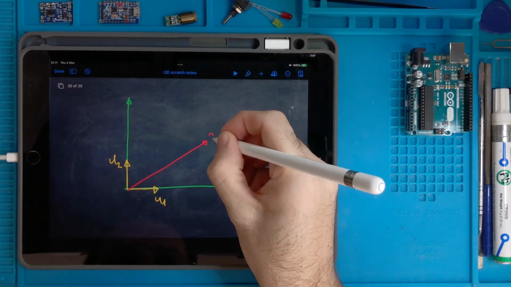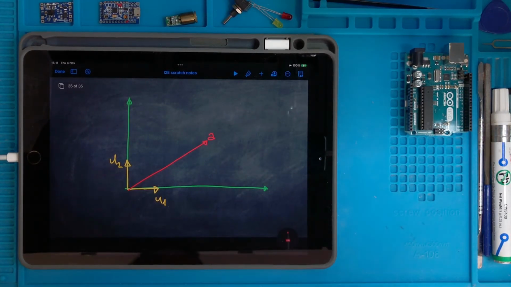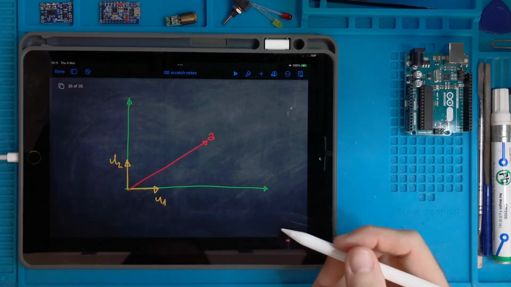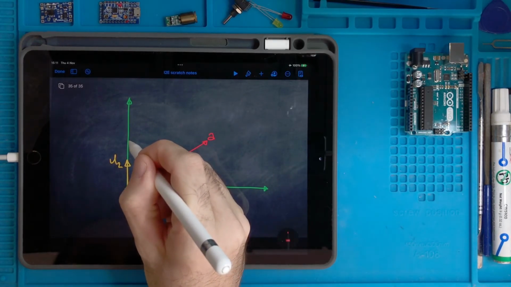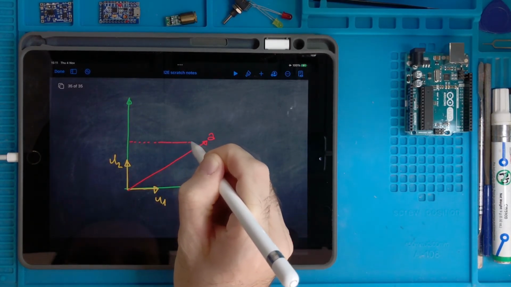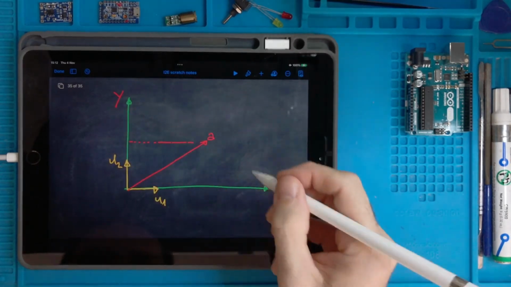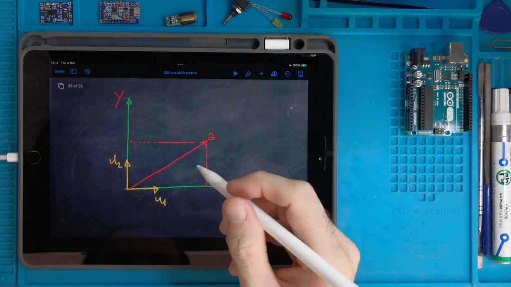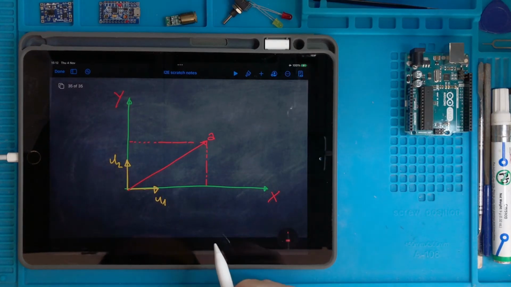I call this vector A. Then I want to give a different expression for A, so I consider the projection of A on the y-axis and the projection of A on the x-axis.